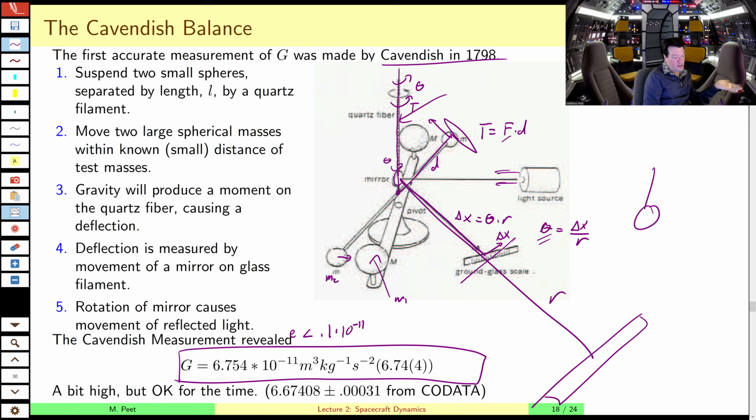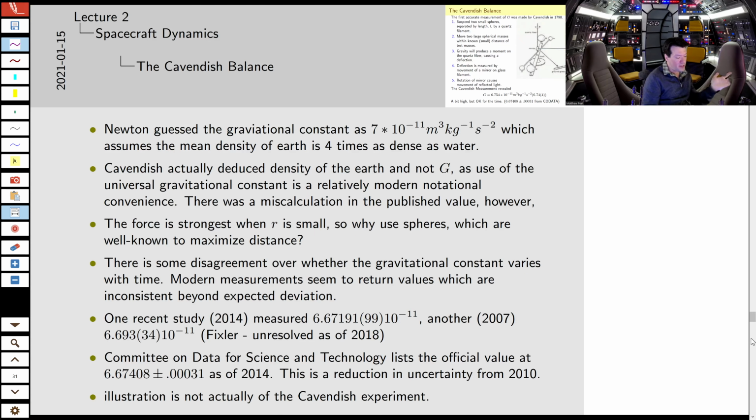Of course, nowadays we can measure it slightly more accurately, but surprisingly, we can't measure it that much more accurately. In fact, people keep measuring the gravitational constant of the universe, and they keep getting different numbers. It just illustrates that it's very difficult to solve.